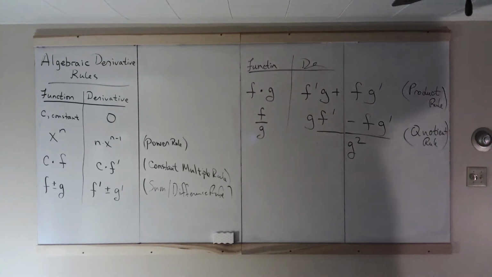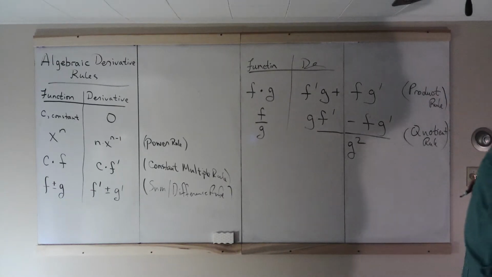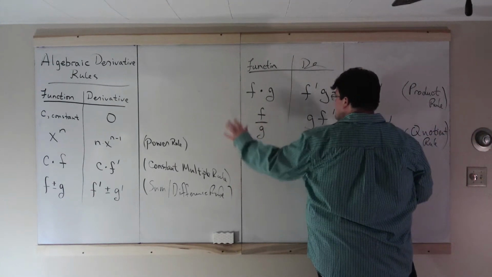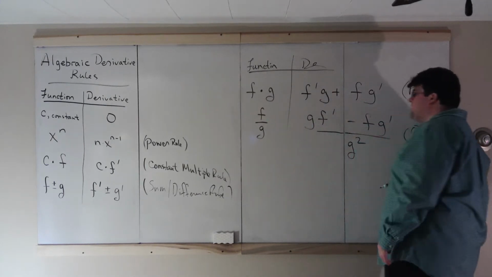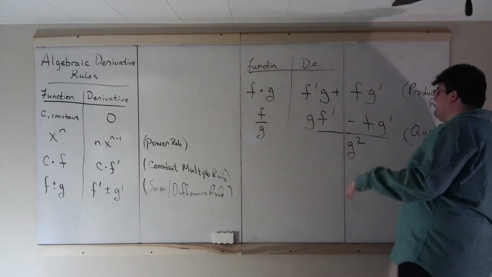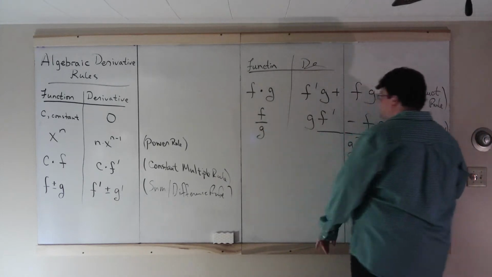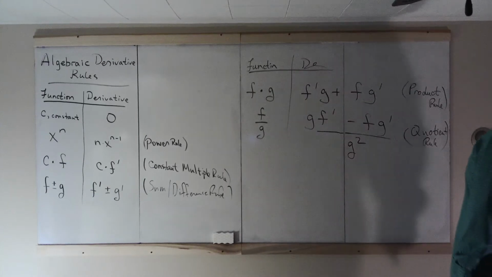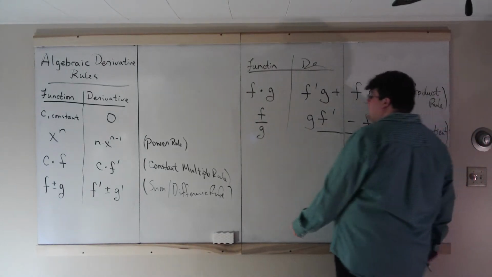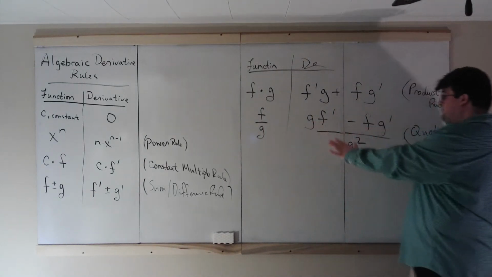And down here, we have the quotient rule to take the derivative of a quotient, f divided by g, where of course the bottom isn't 0 because it's not defined if the bottom is 0, but I'm not going to write that to litter up the chart. So f over g, the derivative. Notice again, it's not f prime over g prime.